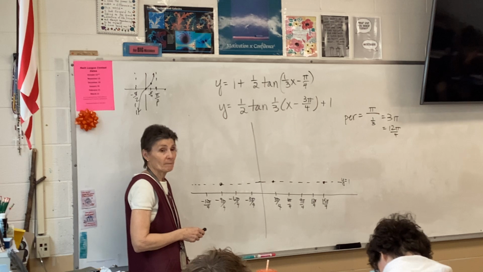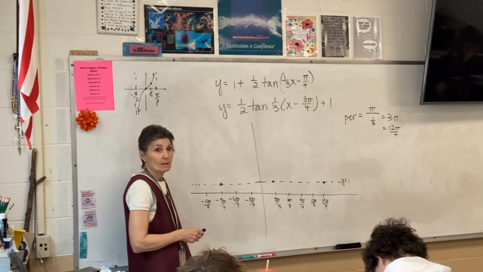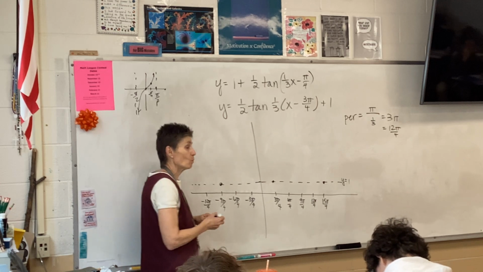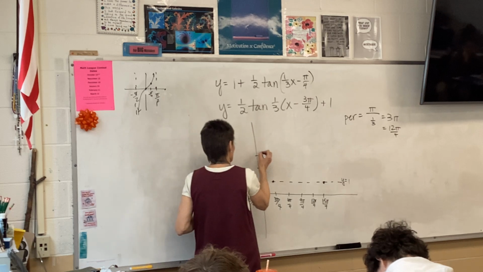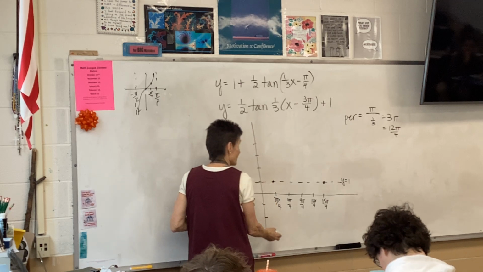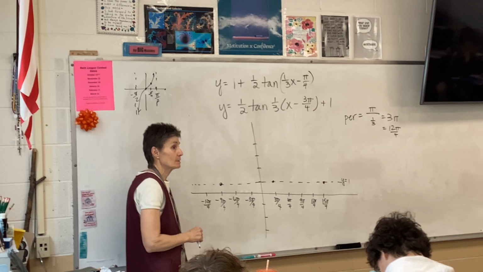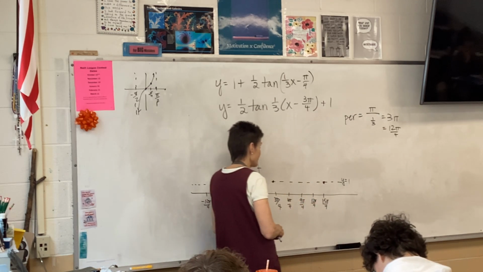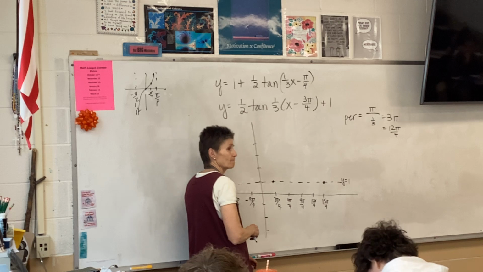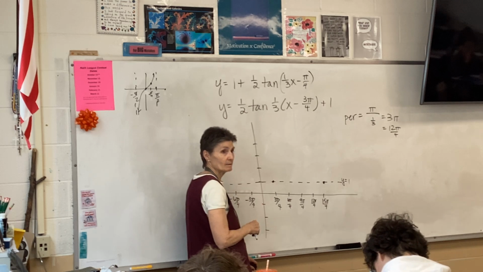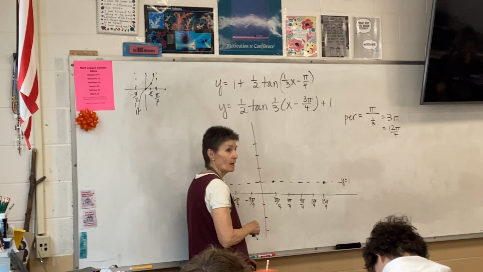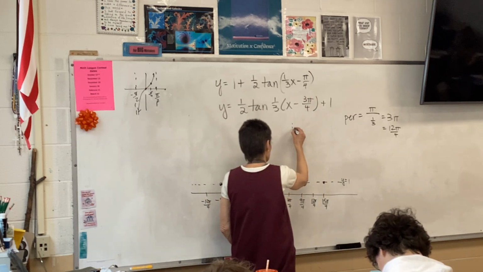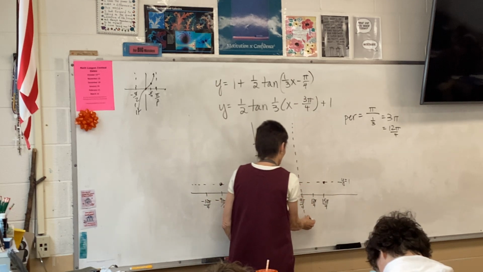And then what do I know about my asymptotes? They're halfway in between the dots. So what's halfway between 3 and 15? 3 plus 15 divided by 2, 9. So an asymptote here at 9 pi over 4.